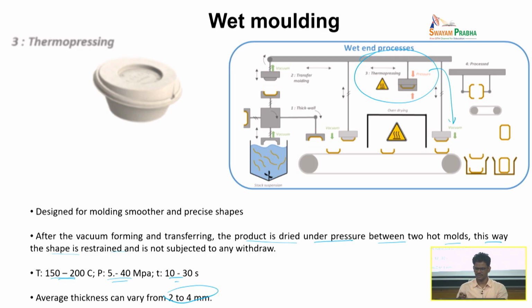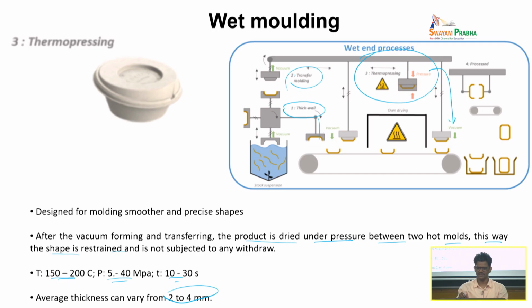So right now we saw one is this thick wall, a very simple process. The second one is transfer molding, where you use two molds to transfer. And the third is you are actually compressing at high temperature and high pressure between two molds, and drying happens intact so that there is no deformation and the finishing is good.